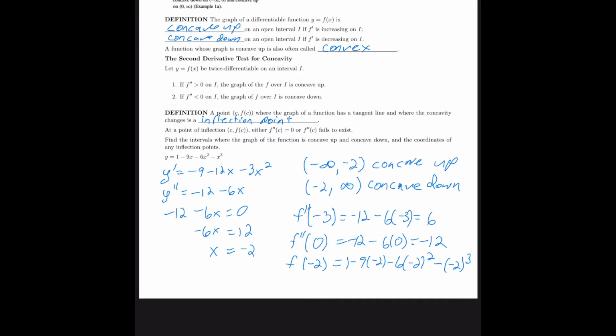I'm just putting it in my calculator. For negative 2, we should get 3. So the inflection point is negative 2, comma 3.